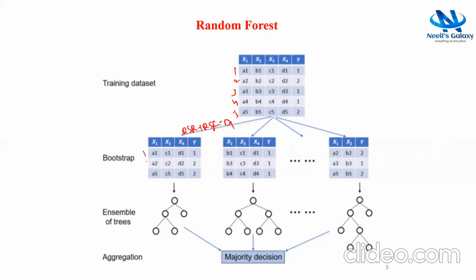Here, row 1 is taken, row 2 is taken, and again row 5 is taken as the bootstrap dataset D1. The columns we have selected are X1, X3, X4. We have not included X2 because this is a random sampling.